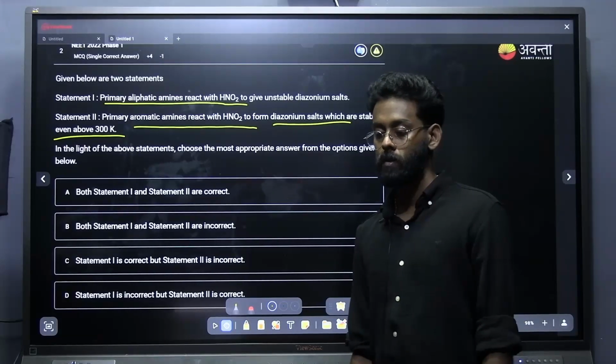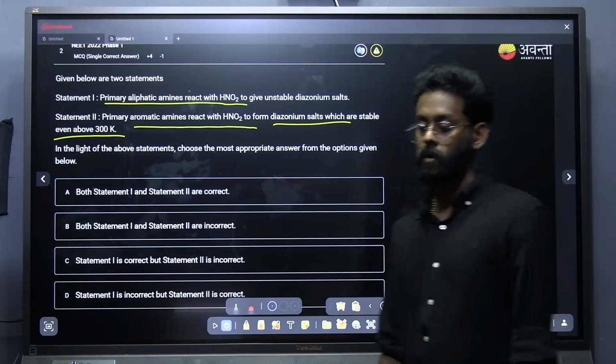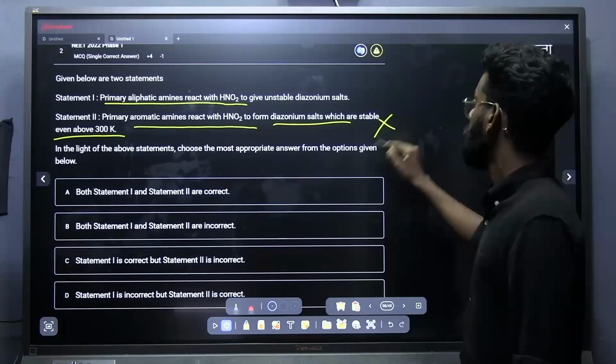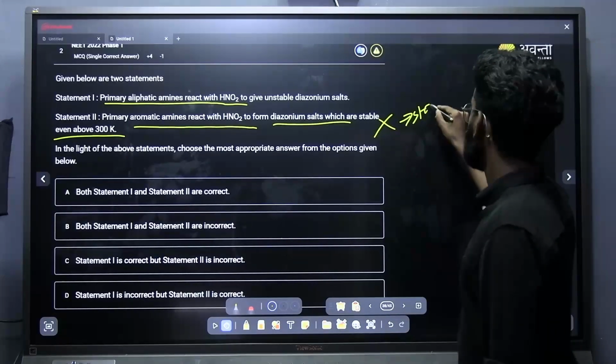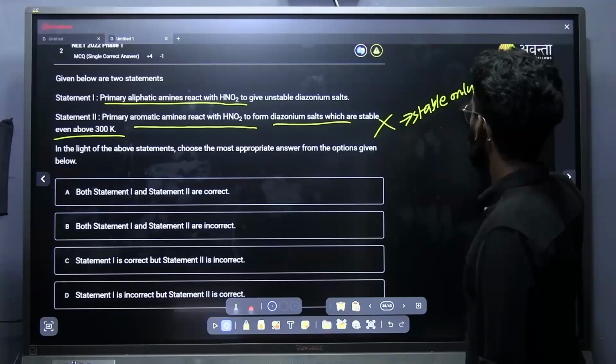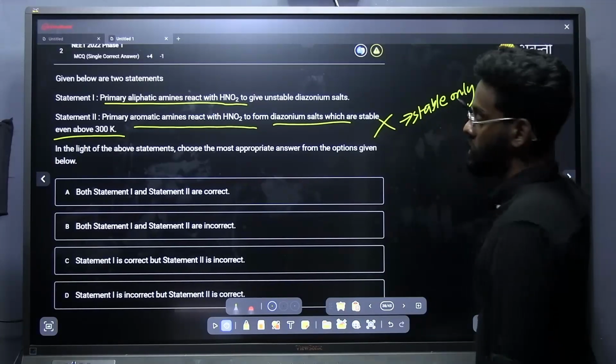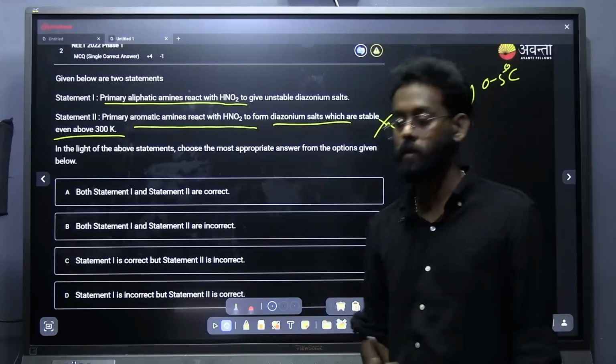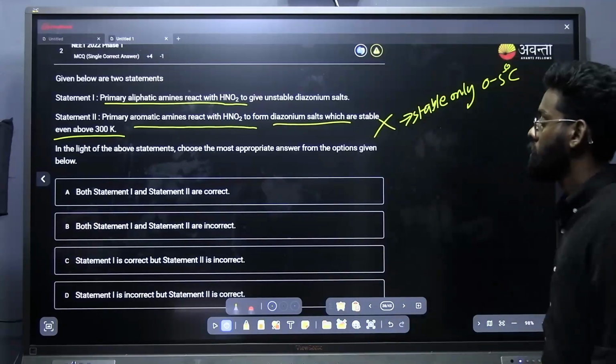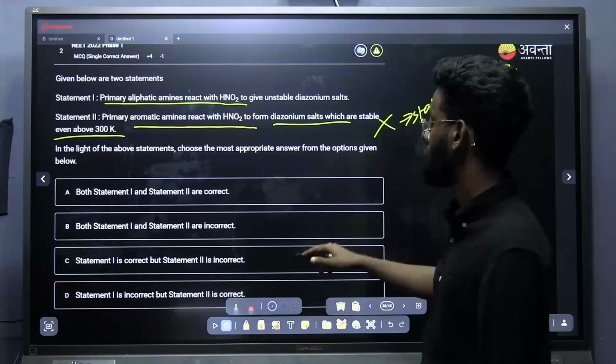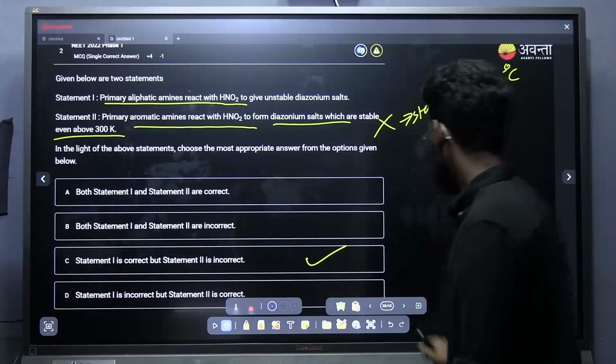Yes, it is wrong. Why? Because we discussed it is stable only at 0 to 5 degrees temperature, only at low temperature. So statement 1 is correct and 2 is incorrect. Moving to the next question.